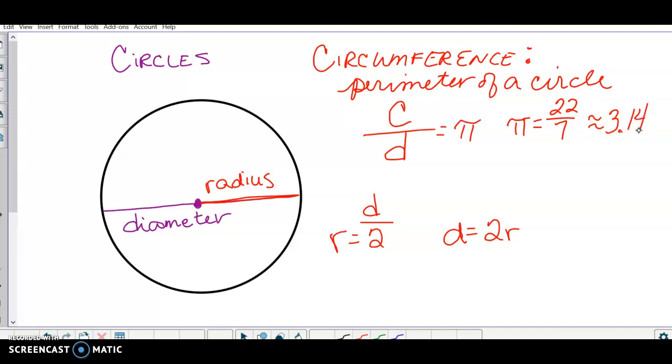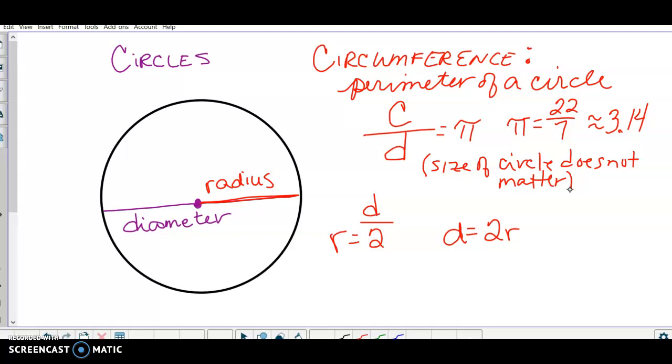Keep in mind that pi is a constant. The size of the circle does not matter. Okay? It will always be pi, no matter the circumference and the diameter.